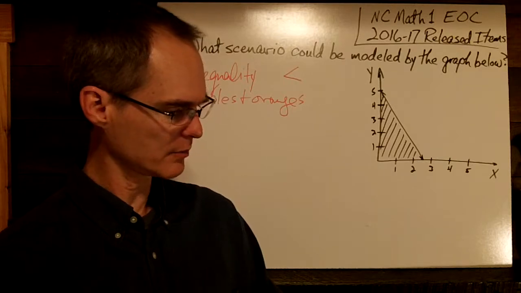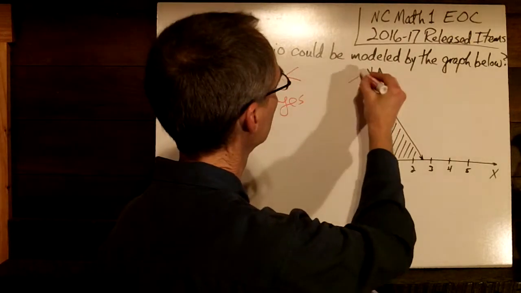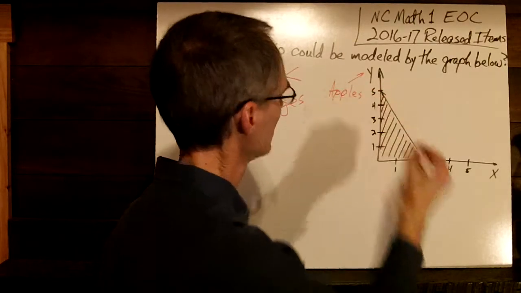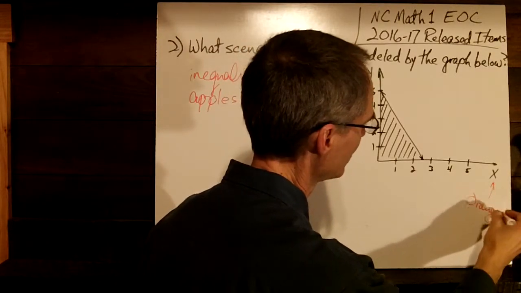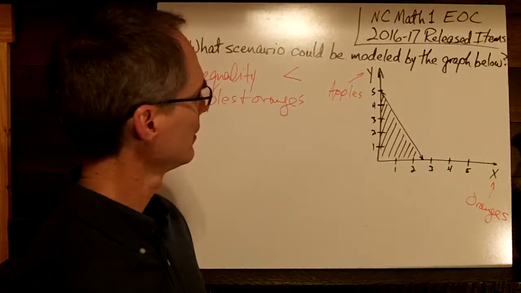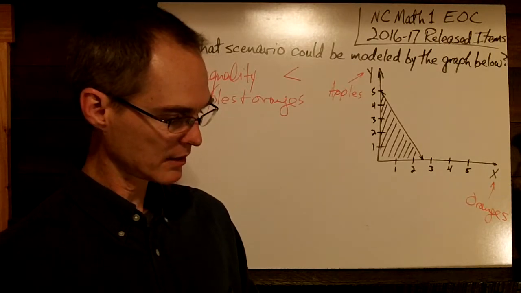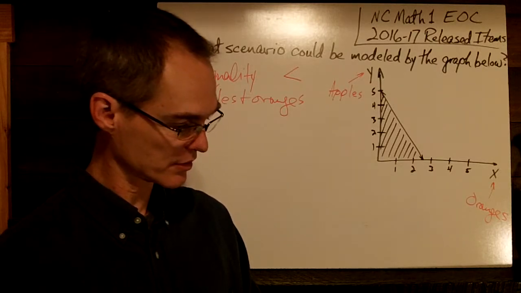So in all of them, y is the pounds of apples, and x is the pounds of oranges. I'll write that on my graph here.